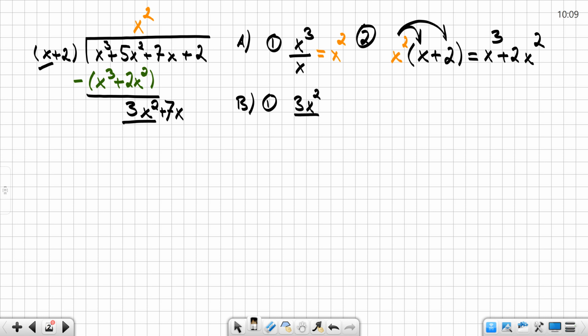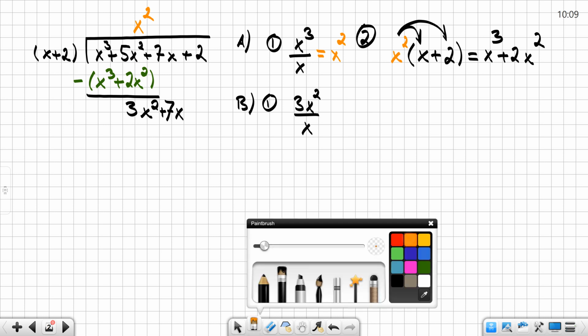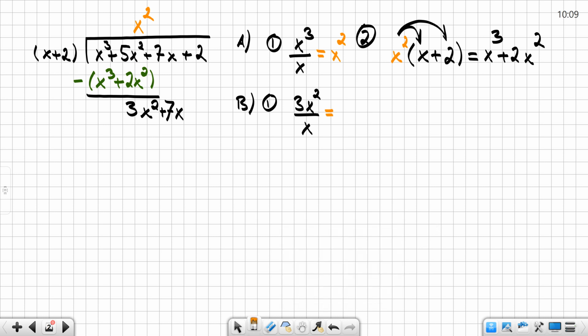How do I find this out? By taking 3x squared and I divide it by x. All right? And 3x squared divided by 1x, that's going to be 3x. So plus 3x is the next part of your quotient.